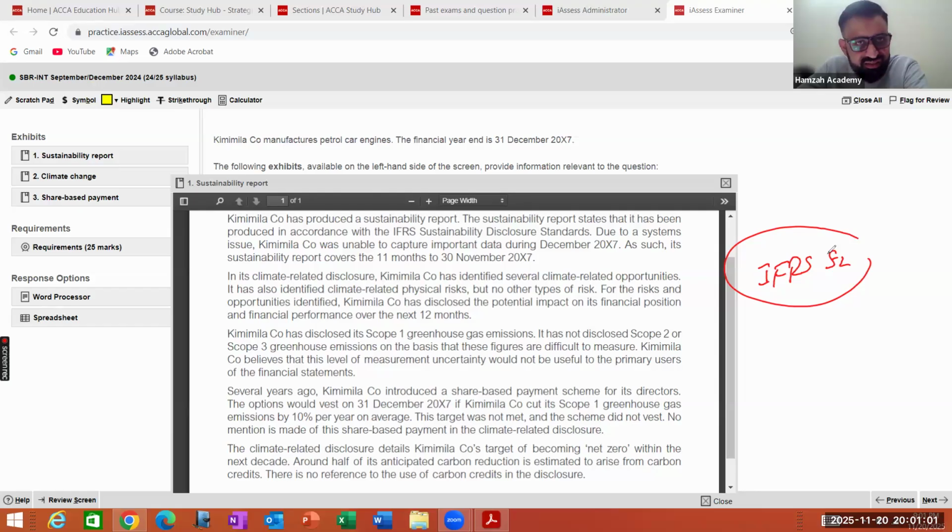These are the physical risks, physical effects on a business due to change in climate. But there is another risk due to the climate change, which is a transition risk. They haven't identified the transition risk, which should be identified when you are disclosing the climate-related issues.